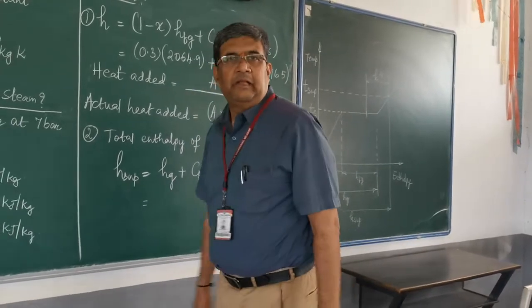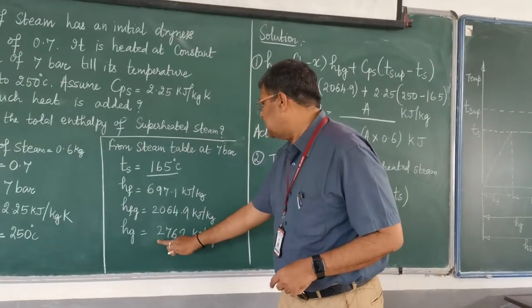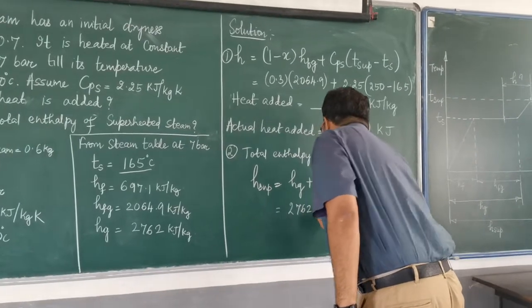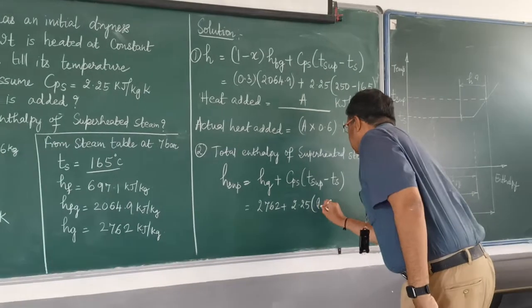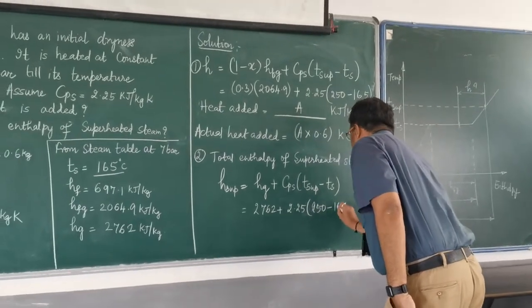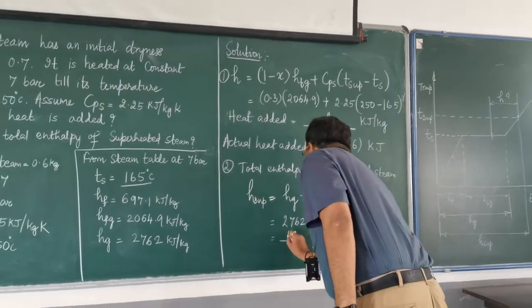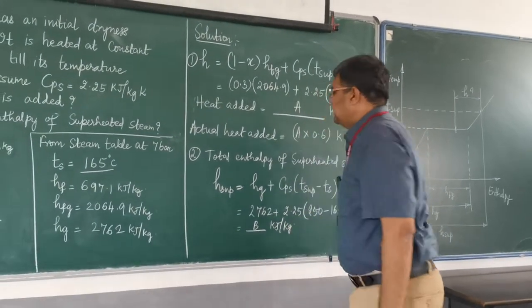So again from the steam table, we have found out the value of Hg. So Hg is 2762. So we write it as 2762 plus 2.25 inside bracket, 250 minus 165. So again I will get some value, let's say B kilojoules per kg.